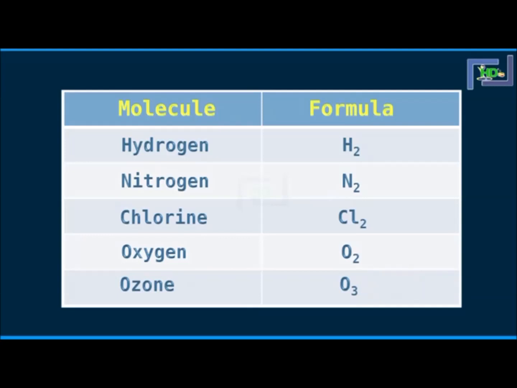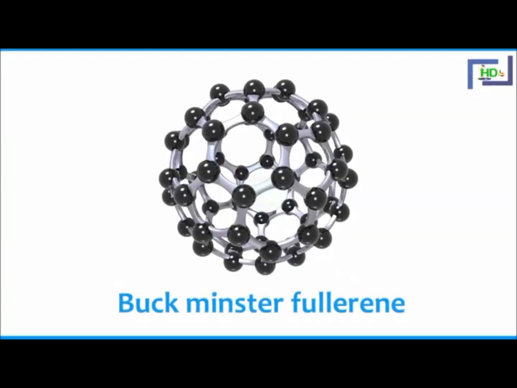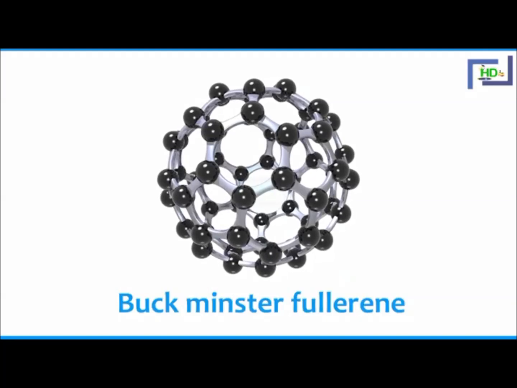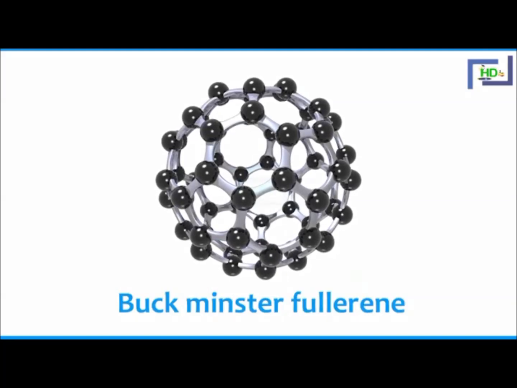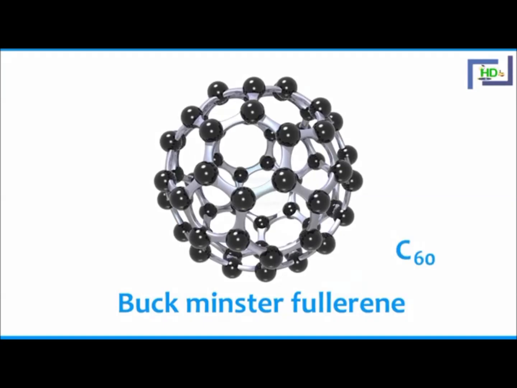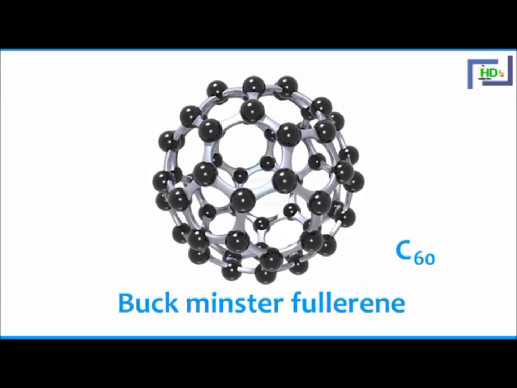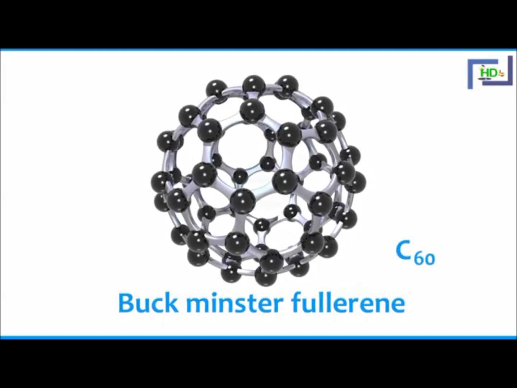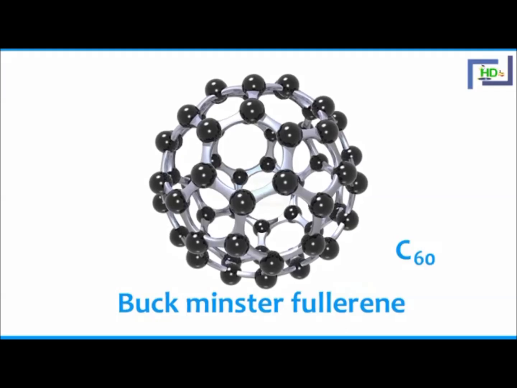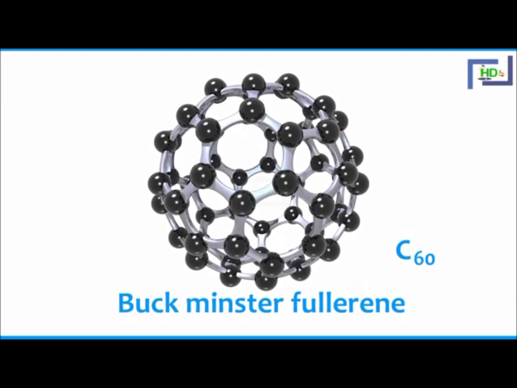Recently a type of carbon called Buckminsterfullerene has been discovered. It has 60 atoms of carbon in one molecule. This is C60, and this is called a polyatomic molecule. A polyatomic molecule means the molecule has more than 3 atoms.